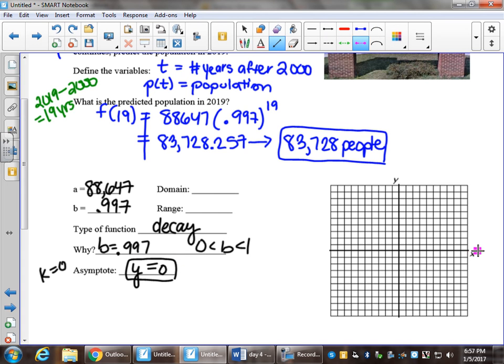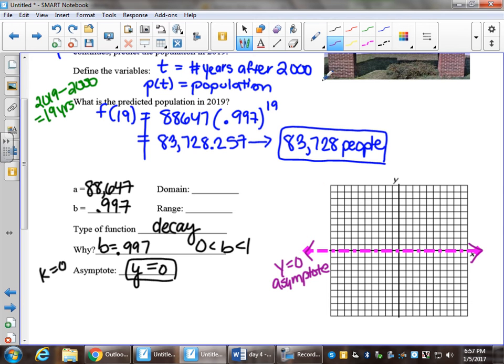We get our dotted asymptote on y equals 0. It's always a horizontal line, in this case right through 0. So y equals 0 is the asymptote. This is exponential decay. So left to right, we're going to decrease. Domain, negative infinity to infinity. Range, 0 to infinity. The asymptote will always affect the range.